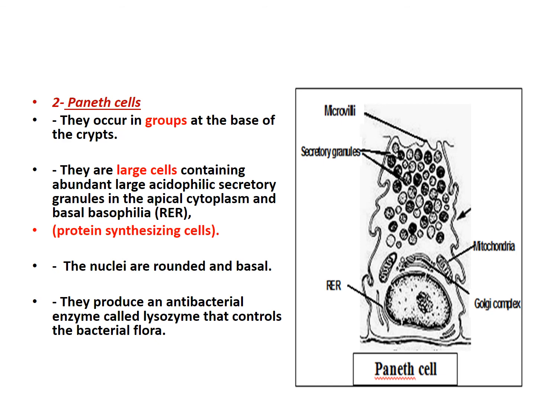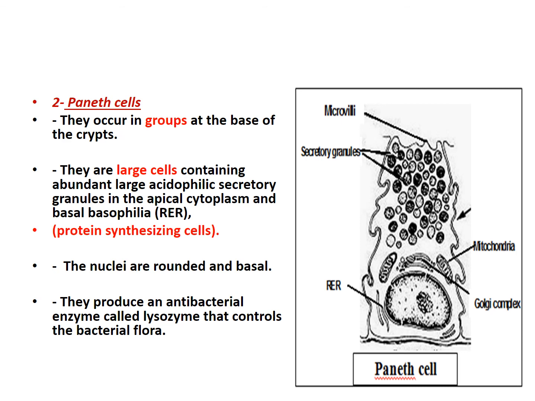Paneth cell. Paneth cells are present in groups at the base of the crypts. They are large cells containing abundant large acidophilic apical secretory granules and basal basophilia represented by abundant rough endoplasmic reticulum.